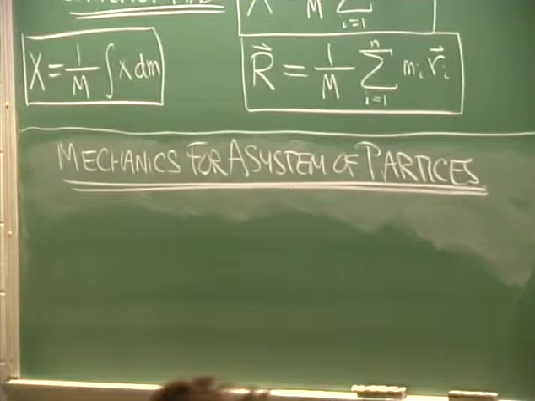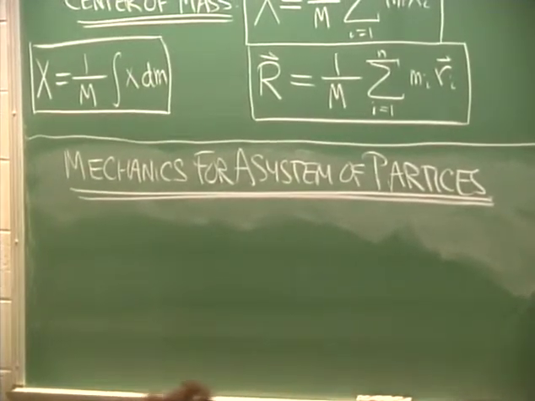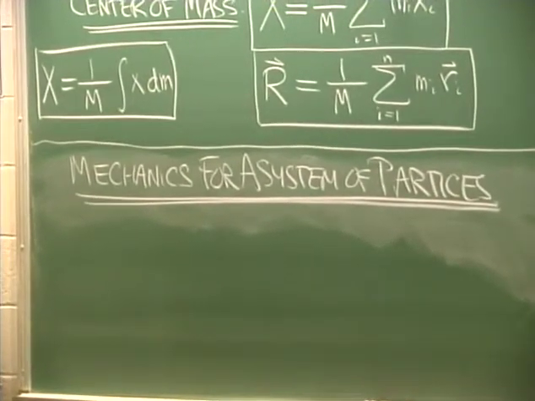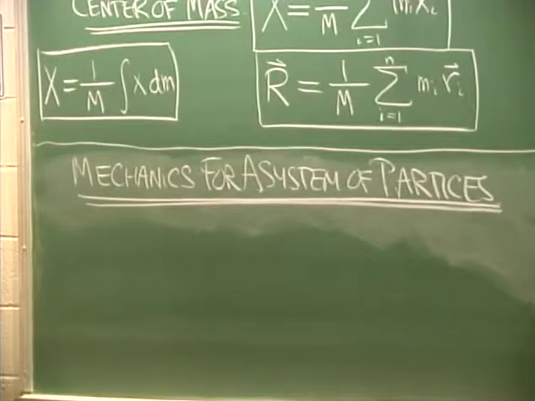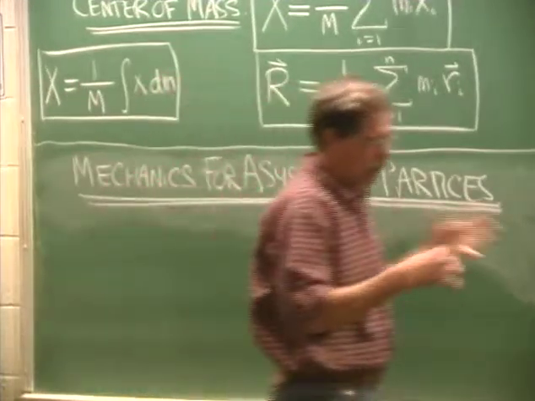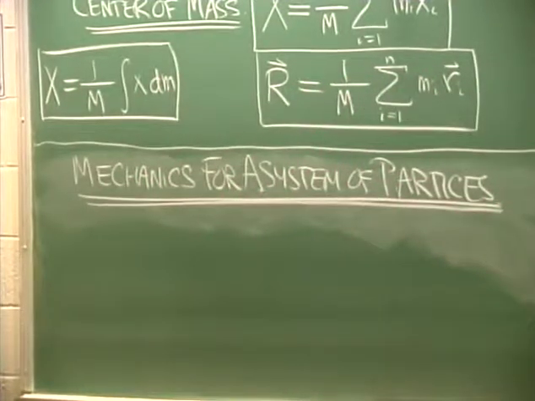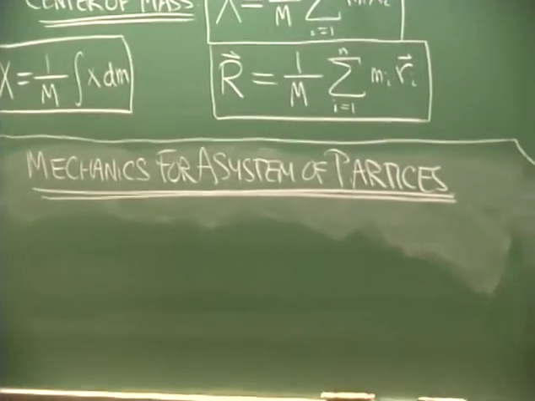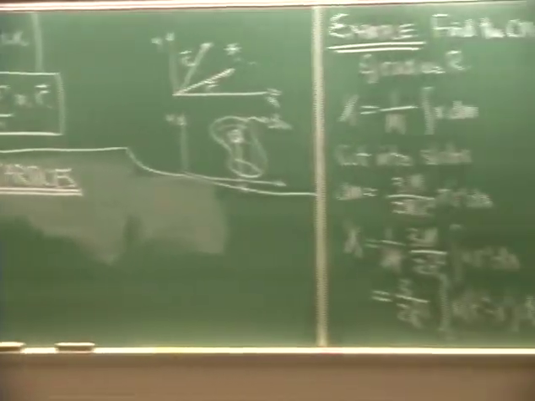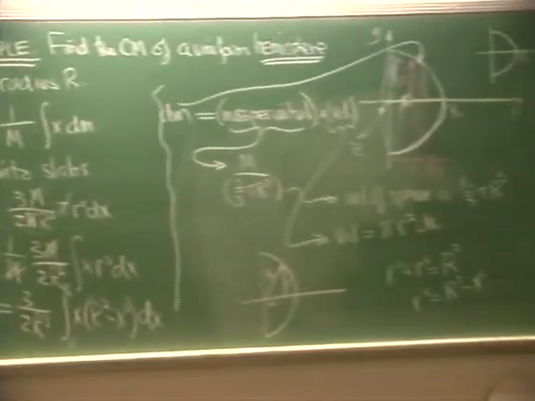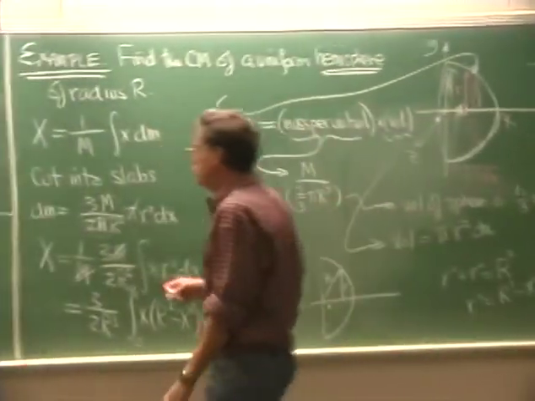I've got a bunch of particles, each one with a particular mass and a particular location, and they're moving all over the place. This is very general. I'm not assuming that they're locked to each other or forming a rigid object. In fact, what I have in the back of my mind is a swarm of bees. There are a bunch of bees, and they're flying around every which way. So here they are.